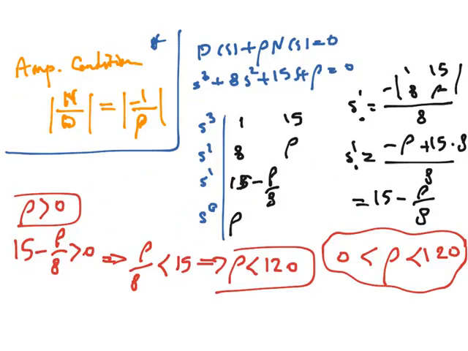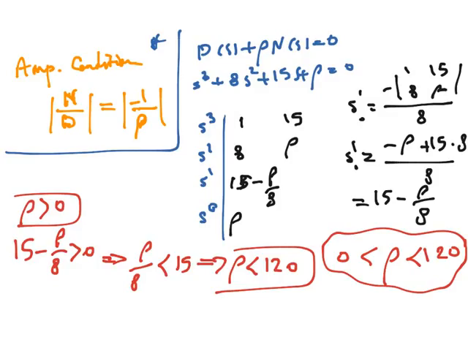Accordingly, we can find the values for Kp as well, because we know that rho is equal to Kp times 15.